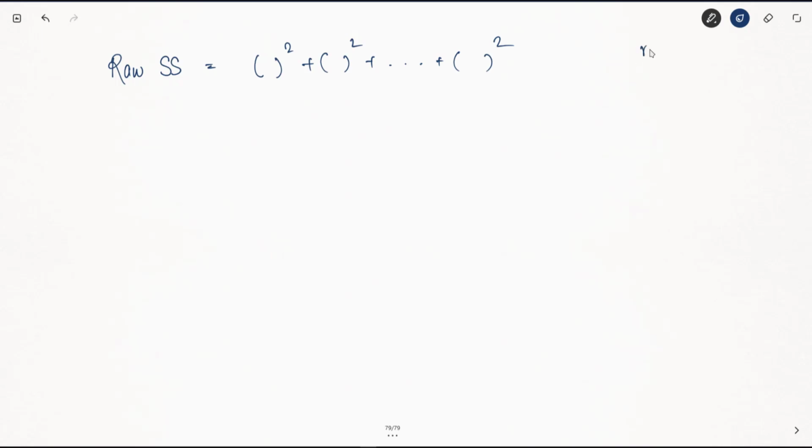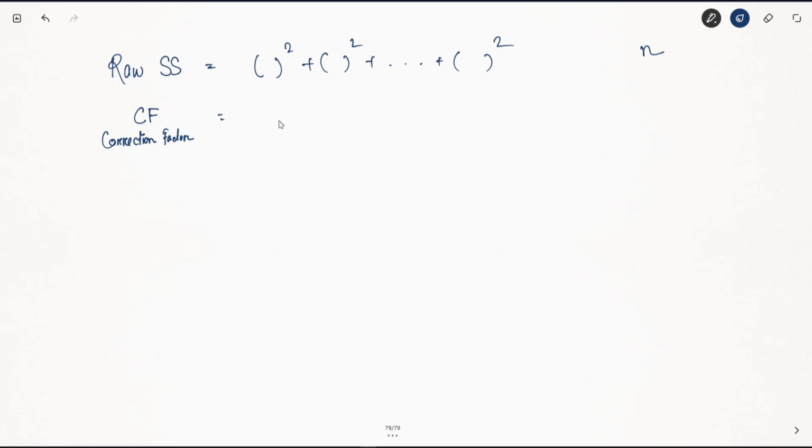So if you have n observations, these n observations will be first squared and then added. That is RSS, or raw sum of squares. Next we calculate something called the correction factor, CF.